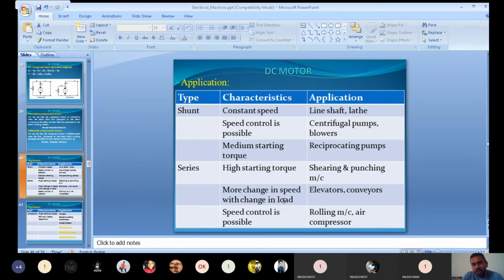If we change the load on DC series motor, then the speed will change. Okay, so this DC series motor cannot be operated on no load condition. If we start the DC series motor on no load condition, the speed becomes dangerously high and DC series motor gets damaged due to this high speed.